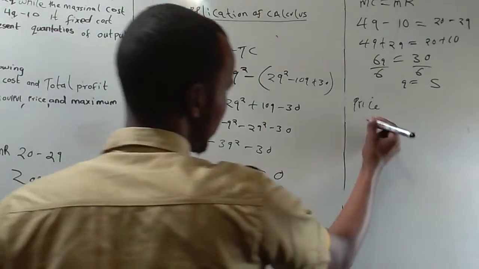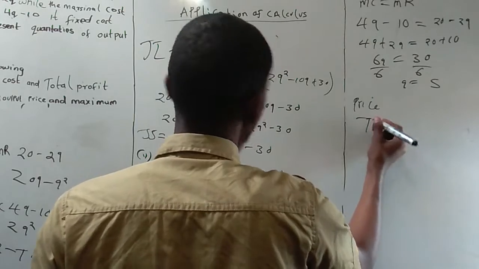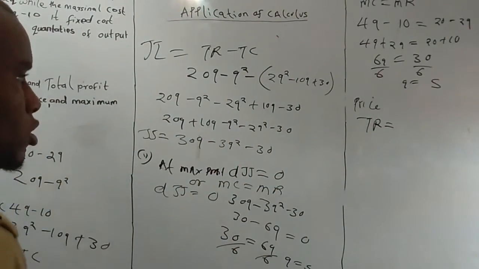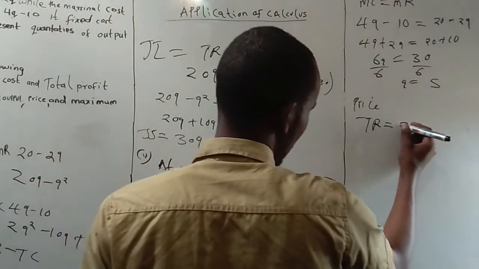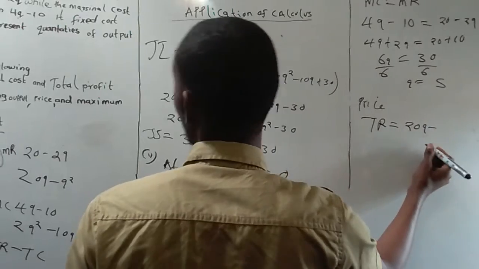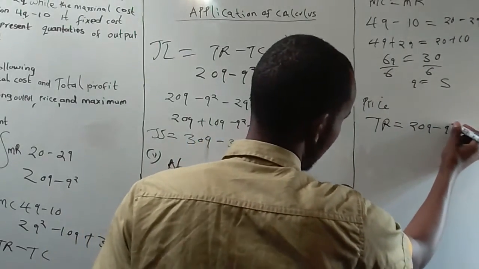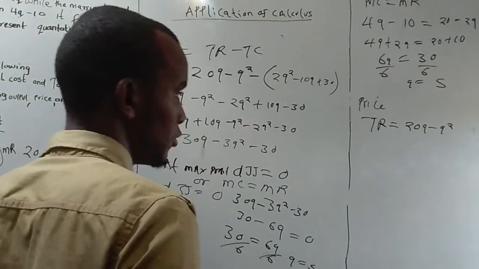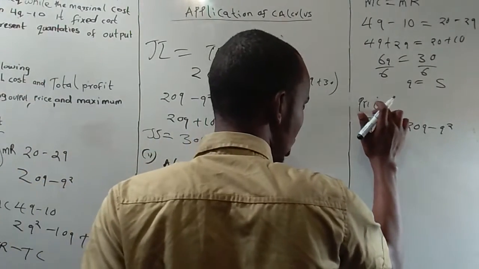Remember, we are having the total revenue. When we differentiated the marginal revenue, we got the total revenue as 20q minus q squared. But now we know q is 5. Before that, we are asked to calculate the price.